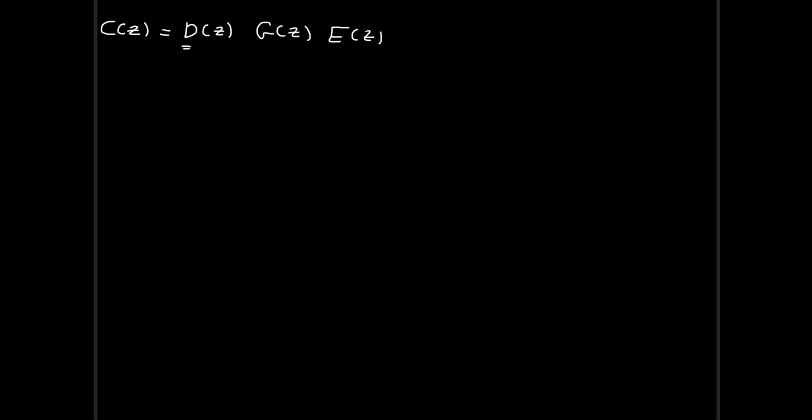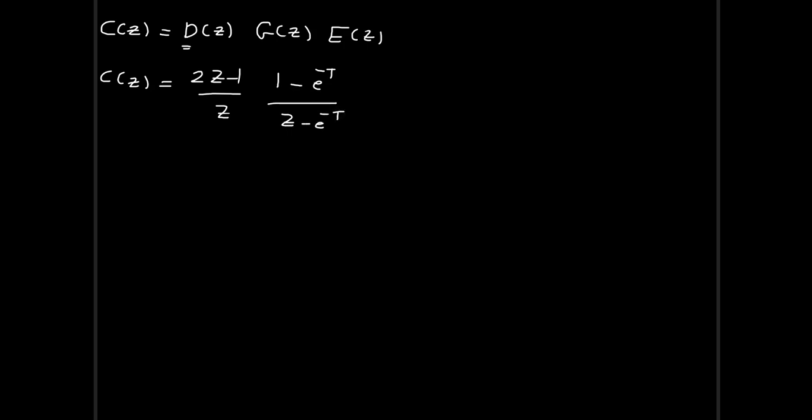So C of Z will equal D of Z, G of Z, E of Z. So C of Z can be written as: D of Z is (2Z minus 1) over Z. G of Z is equal to (1 minus e^-T) over (Z minus e^-T).